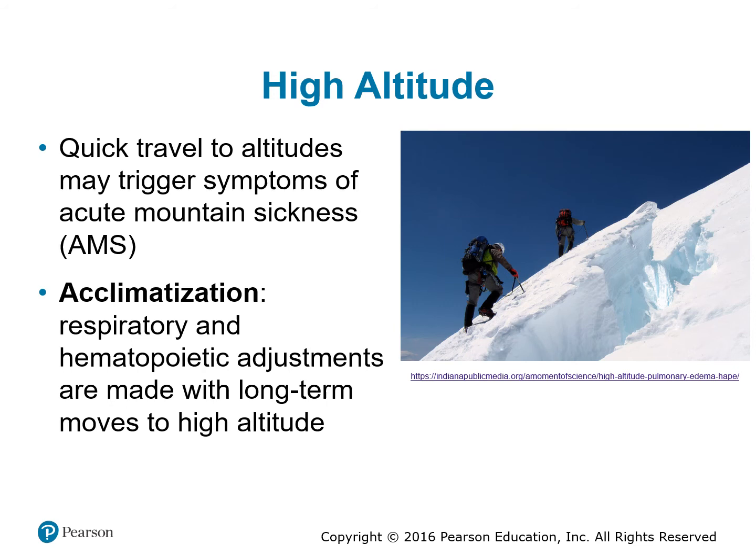Instead of traveling rapidly, you should acclimate yourself to the high altitude. Acclimatization is when the respiratory and hematopoietic adjustments are made with long-term moves to high altitude. So what happens when our respiratory system adjusts to high altitude properly, the chemoreceptors can become more responsive to the partial pressures of carbon dioxide when the partial pressures of oxygen decline.